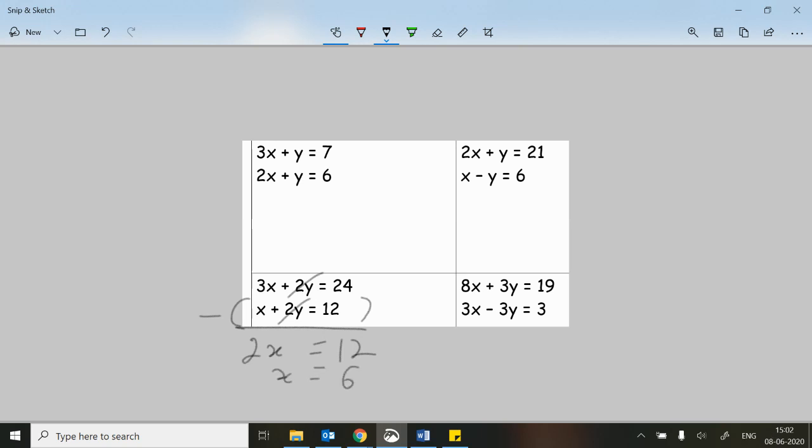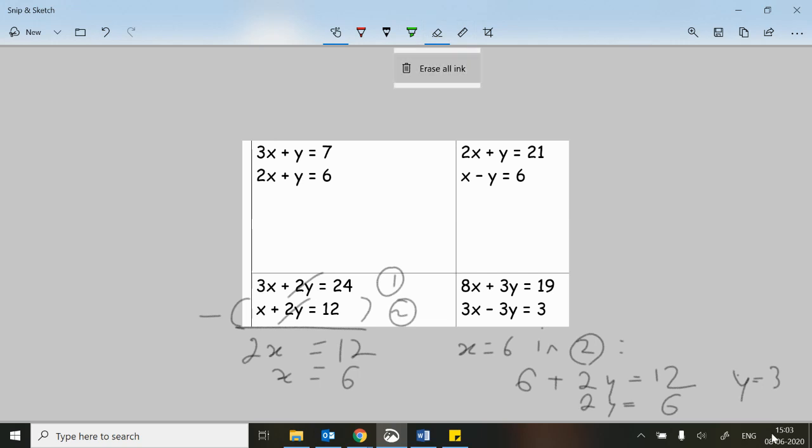Now I've got 1 and 2, so I'm going to put x equals 6 in 2. And then you're going to get 6 plus 2y equals 12. If I take 6 off both sides, I get 2y is equal to 6. Then I just divide by 2, and I'll get y is equal to 3. Okay, so that's question number 2, the one underneath.